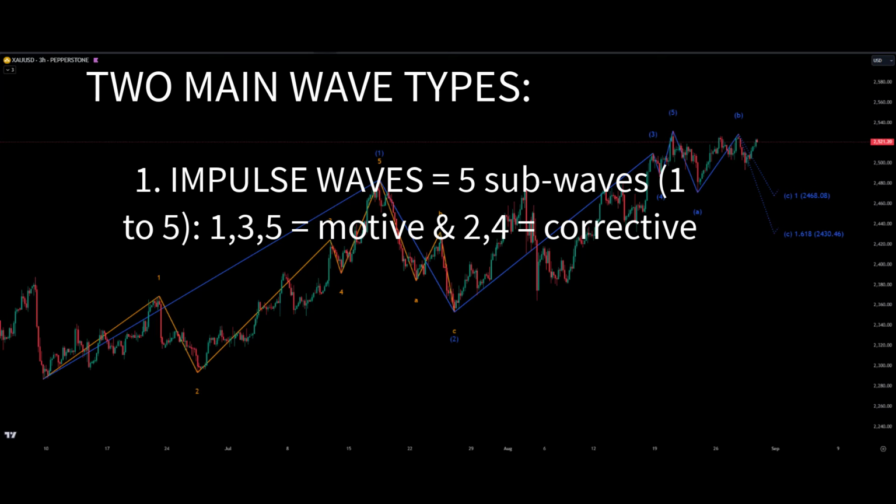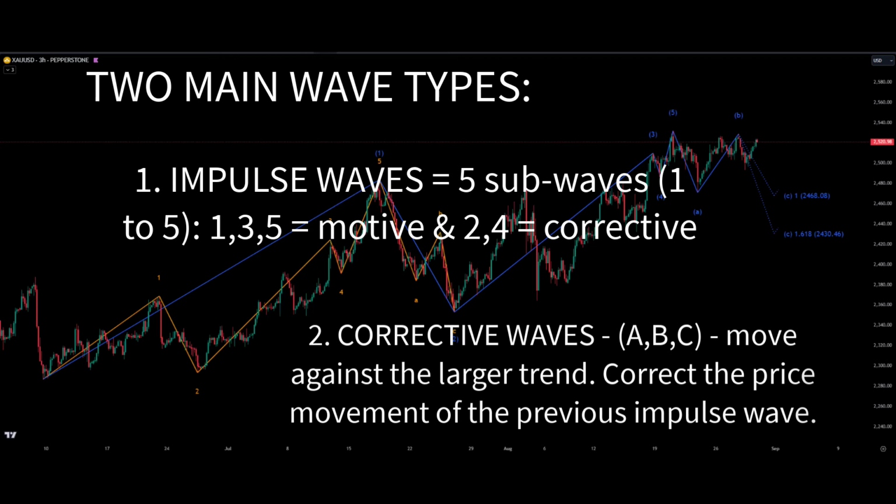And waves 1, 3 and 5 are motive, pushing the trend, while waves 2 and 4 are corrective, temporarily moving against it. Now, after 1 to 5, there's the series of corrective waves, which is the second type there, and these consist of 3 subwaves labelled A, B and C and move against the larger trend, and they correct the price movement of the previous impulse wave.